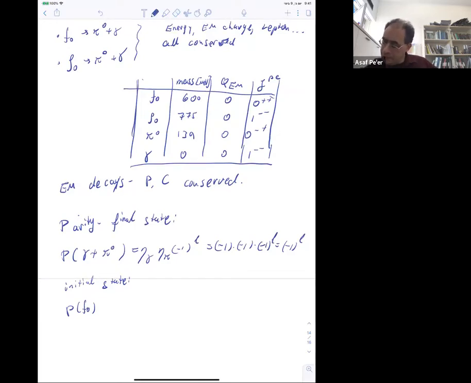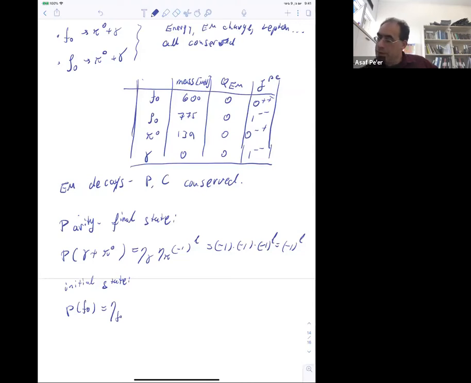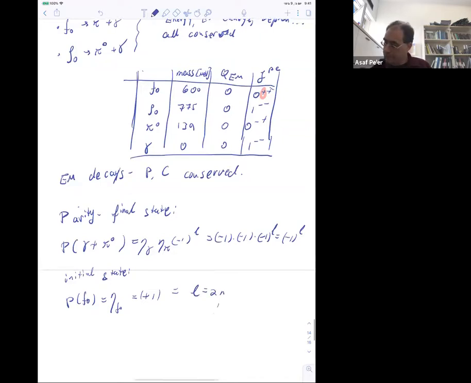It's a plus 1. So the initial and final states are equal if L is equal to 2n, where n is a natural number.